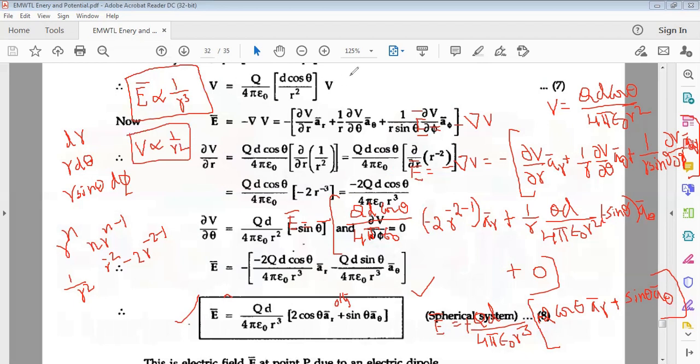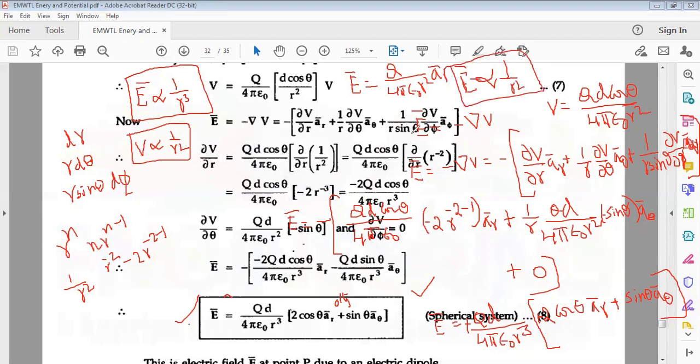But in the point charge, the electric field intensity is proportional to 1 by r square, because electric field intensity is q by 4 pi epsilon naught r square into a r bar. So the E bar is proportional to 1 by r square, or D bar also.